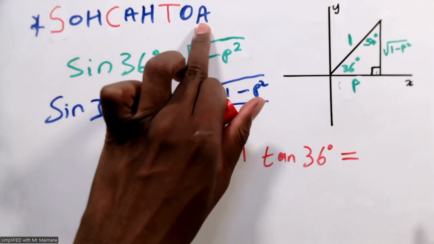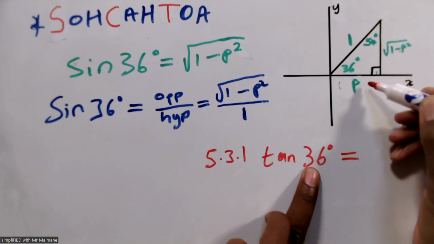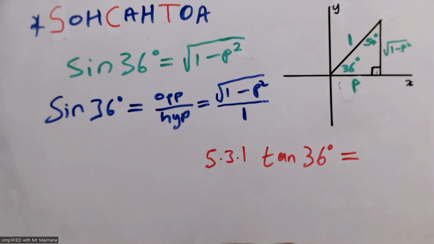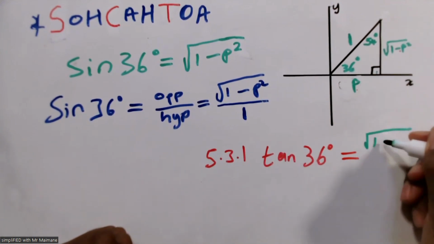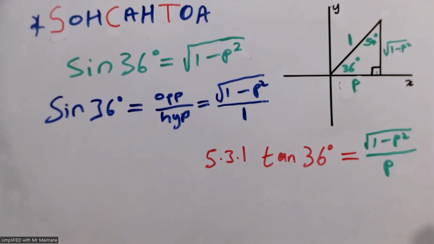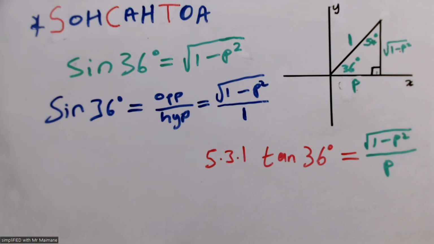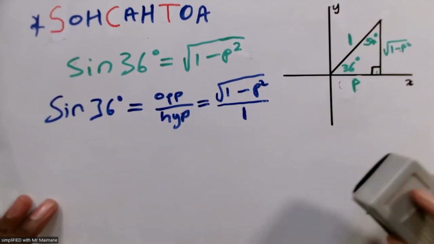So tan 36 is the square root of 1 minus p squared all over p, because it's opposite over adjacent. That's how you answer 5.3.1. Now, moving along to 5.3.2.